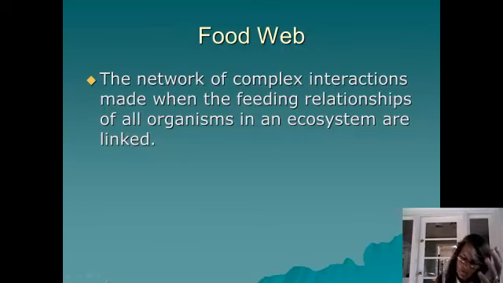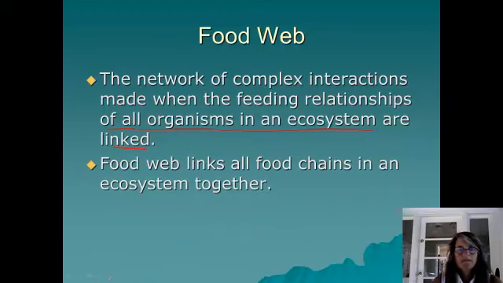We're not just talking about one chain, we're talking about how all the life in this deciduous forest out here would interact and feed off of each other and so on. So the network of complex interactions made when the feeding relationships of all the organisms in an ecosystem, all of them, are linked together. Okay, so we're going to link all the food chains in the ecosystem together somehow.